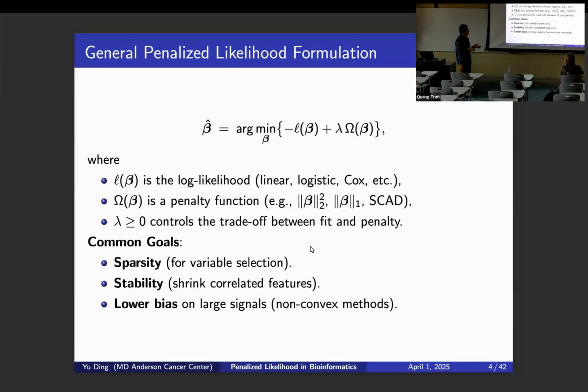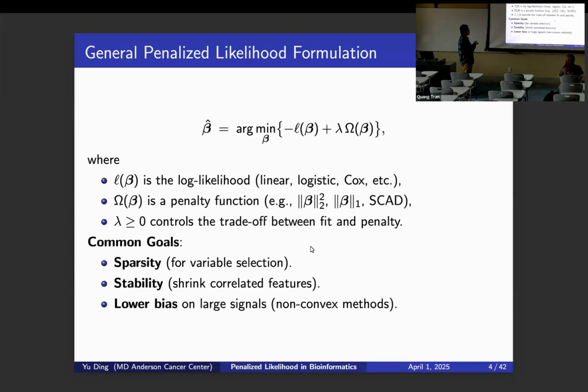If we are talking about ridge regression, we have the L2 norm, as the first example given on this screen. If we are talking about lasso regression, we will take the L1 norm. And for SCAD, the form is quite complex, and I will introduce it later. But the intuition is that given different types of penalty functions, the estimation beta hat will behave differently and achieve different results.